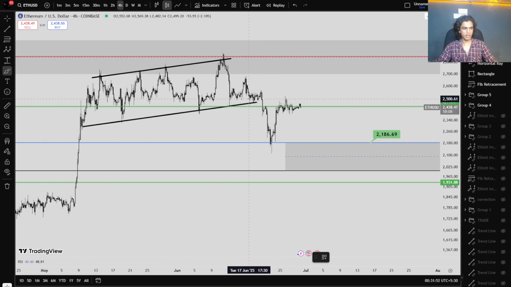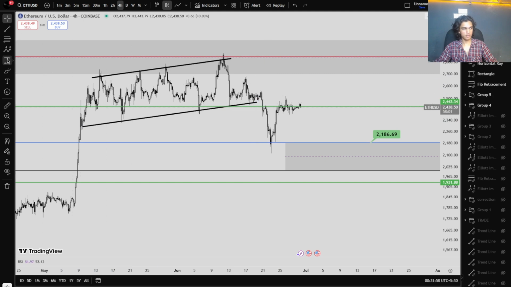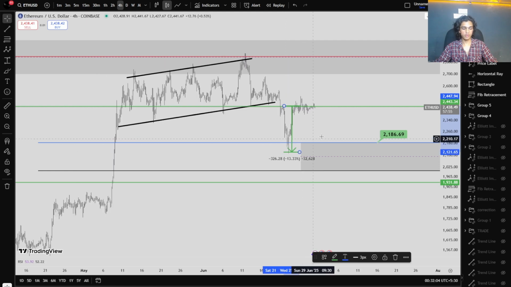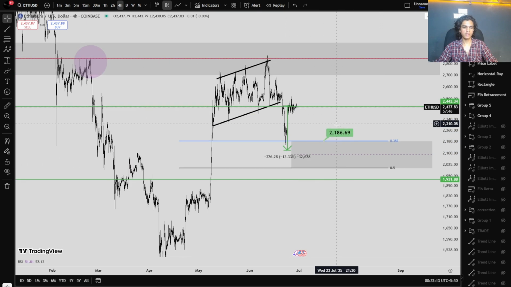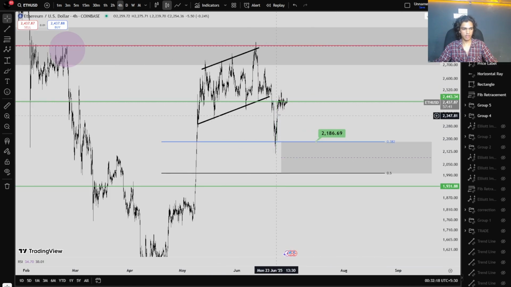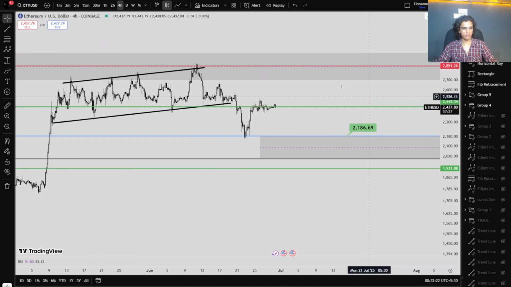Not only this black line, but this green line also had to break, and we had a beautiful retest, and the market dropped almost 13%, without leverage. It has reached the 2186 level as I predicted in the last video.